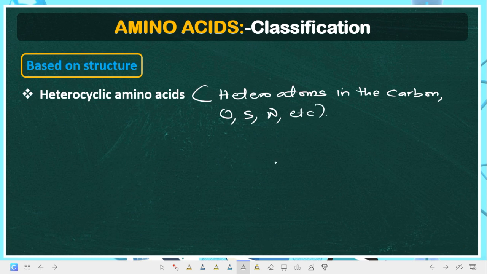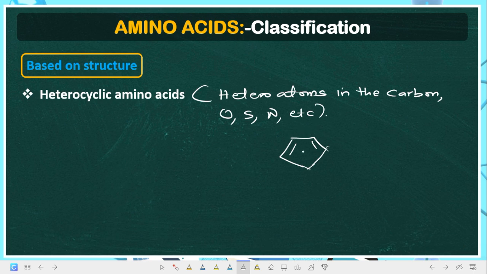For instance, if you have a compound like this, normally this is supposed to be carbon, carbon, carbon. This is cyclo 1, 2, 3, 4, 5, cyclopentane, right? Then if you put a double bond, it becomes cyclopentadiene. Now, you know that at every point here there is a carbon, true or false? True.